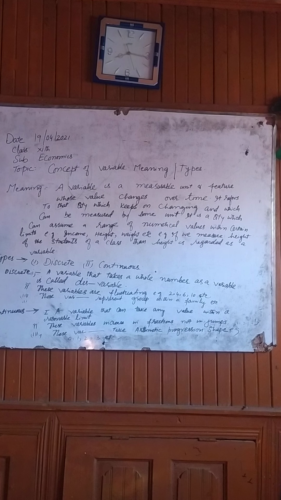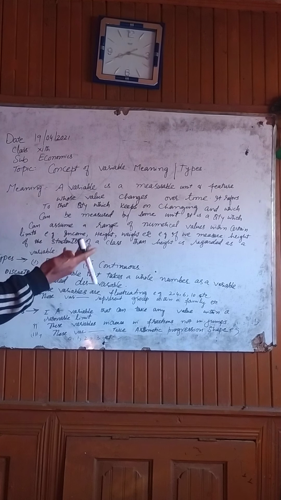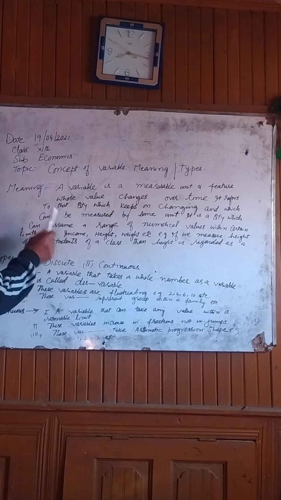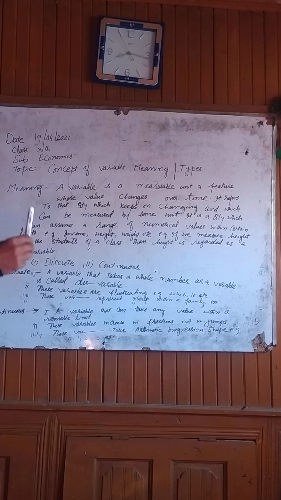Numerical stands for, suppose in mathematics we symbolize it as 1, 2, 3, 4, etc. But in economics, suppose we are going to find out the income potentiality of a certain group or population within a locality, here the income component will act as a variable.